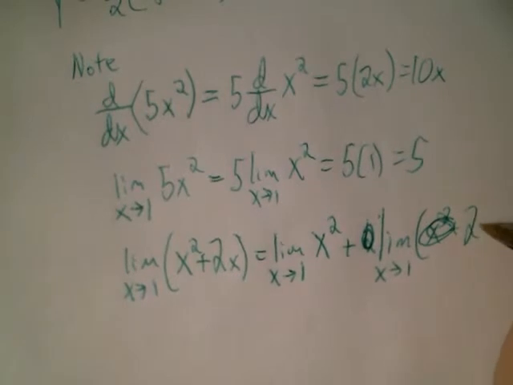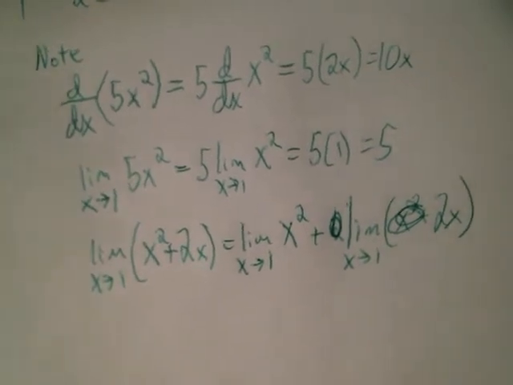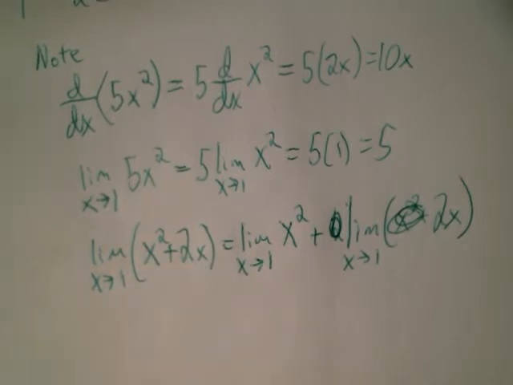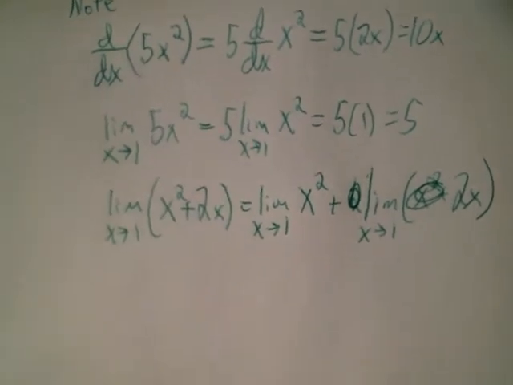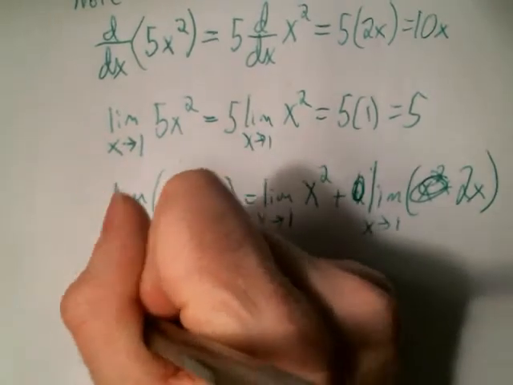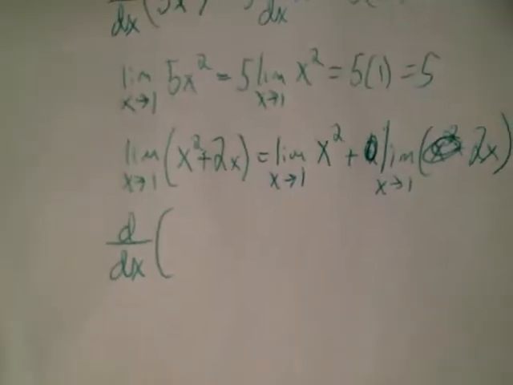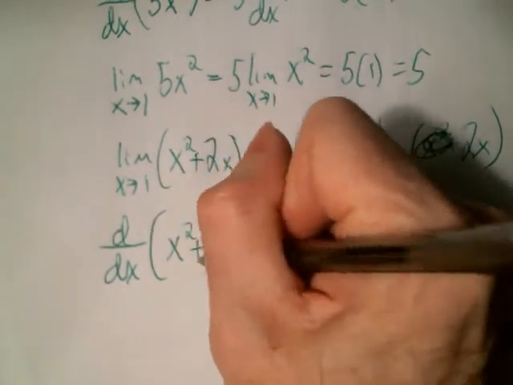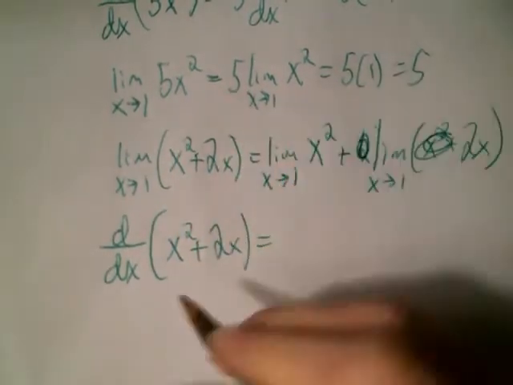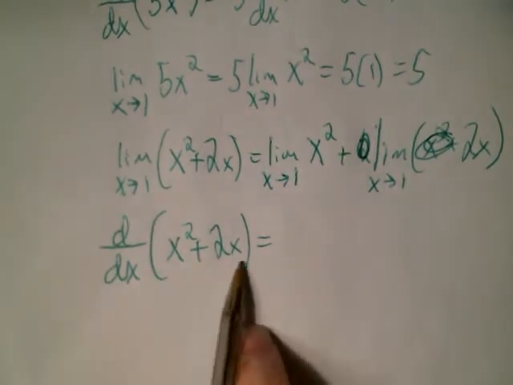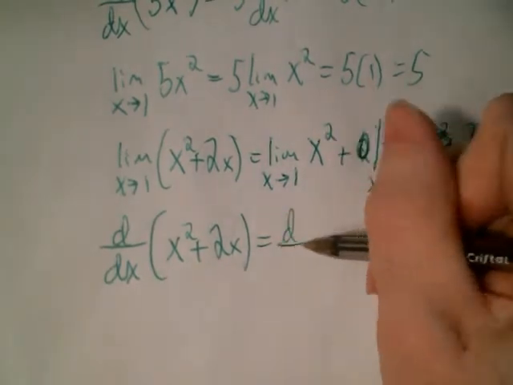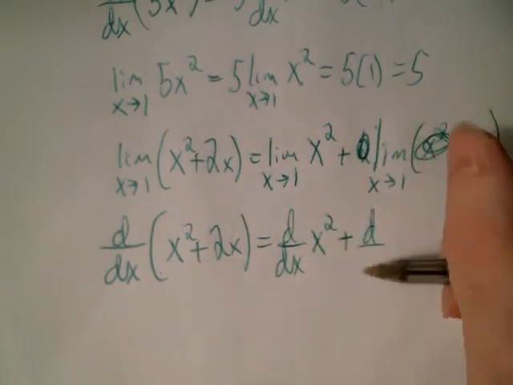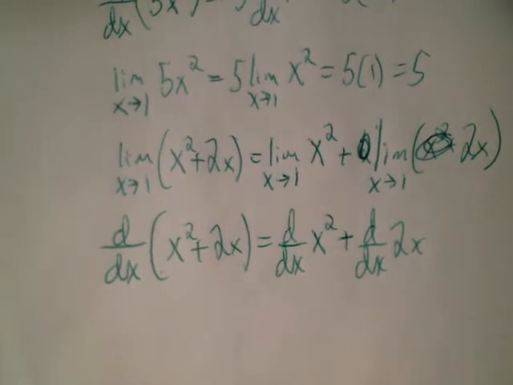So what am I getting at? Derivatives have the same kind of deal going on. If I want to find the derivative of x squared plus 2x, you can just take the derivative of the first one and then plus the derivative of the second one.